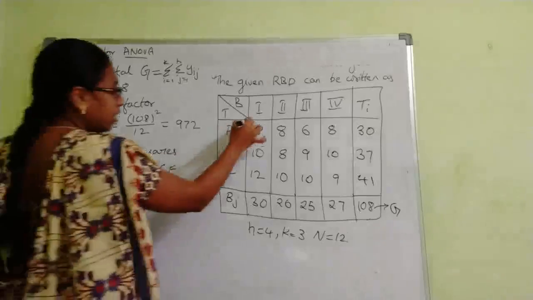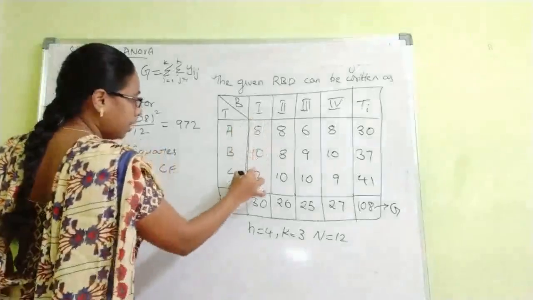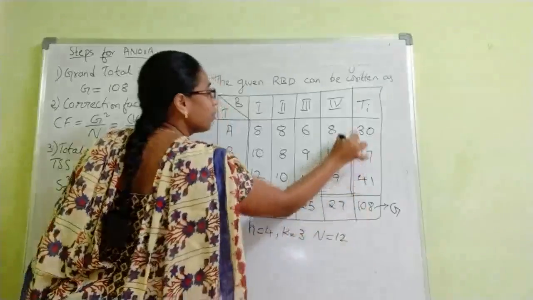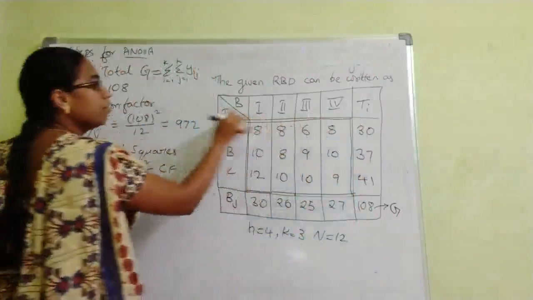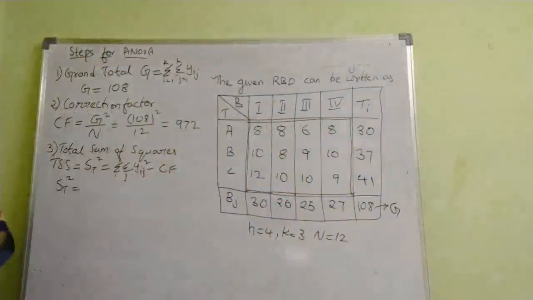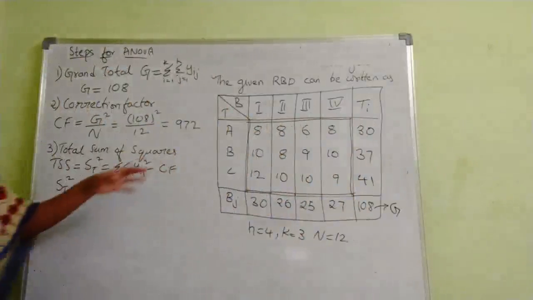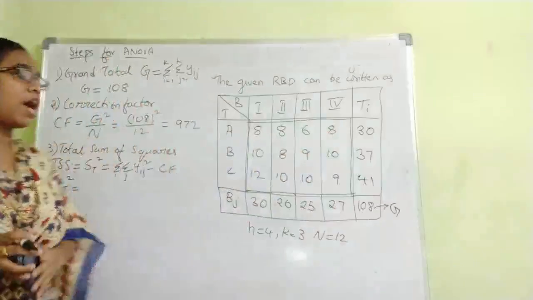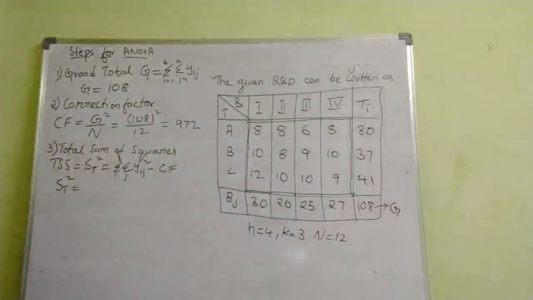So don't get confused. You have to only take the values which are given in the question. Don't consider the totals of the treatments or the totals of the blocks. Only these 4 3s, only 12 values. You have to square and add, so that the answer will be 998.